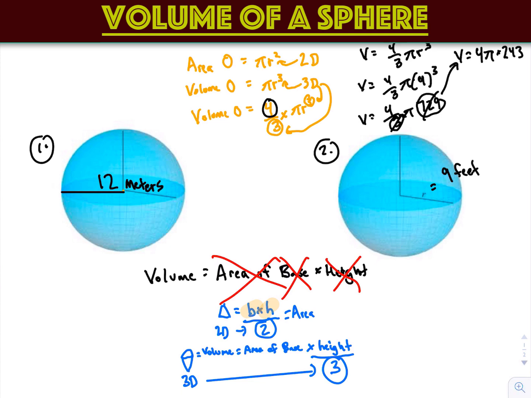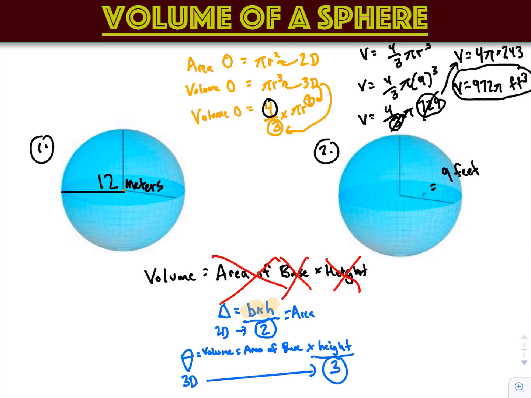When I multiply 243 by 4, I get 972 pi, and that's going to be feet cubed. I'm just going to leave my answer in this form. If I had a calculator, or if it was asked to take this one step further, obviously I could multiply by the shortened version of pi, 3.14, or the actual irrational pi itself.